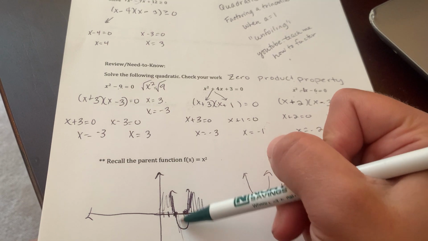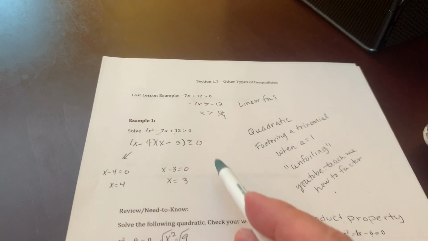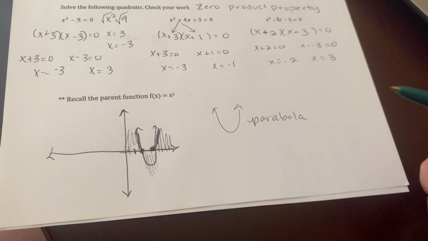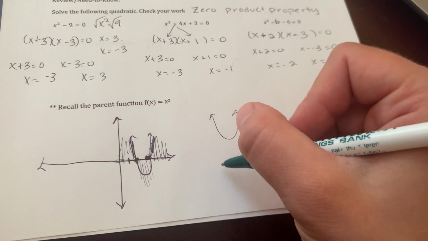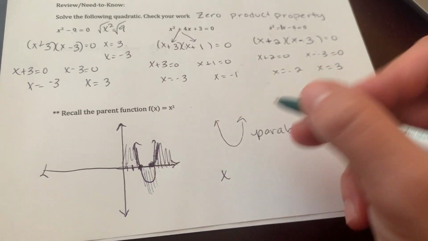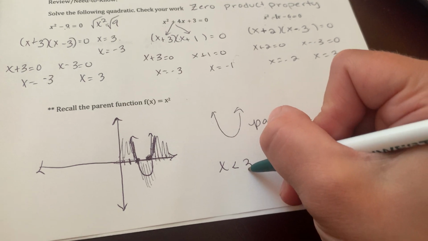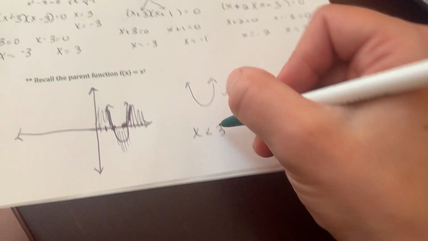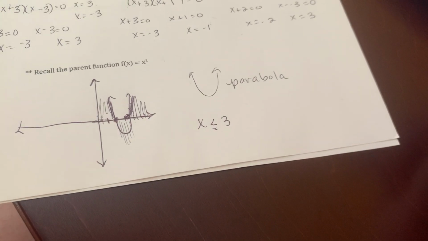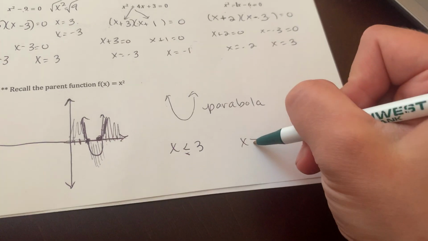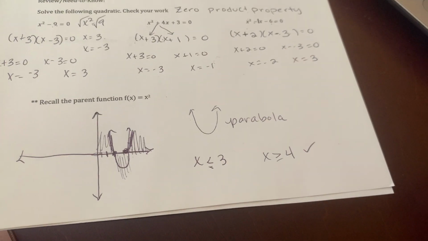Any numbers in between 3 and 4 were less than 0. So just looking at the graph itself, I could see my answer. My answer would be less than or equal to 3, and greater than or equal to 4. That's your answer, you're done.